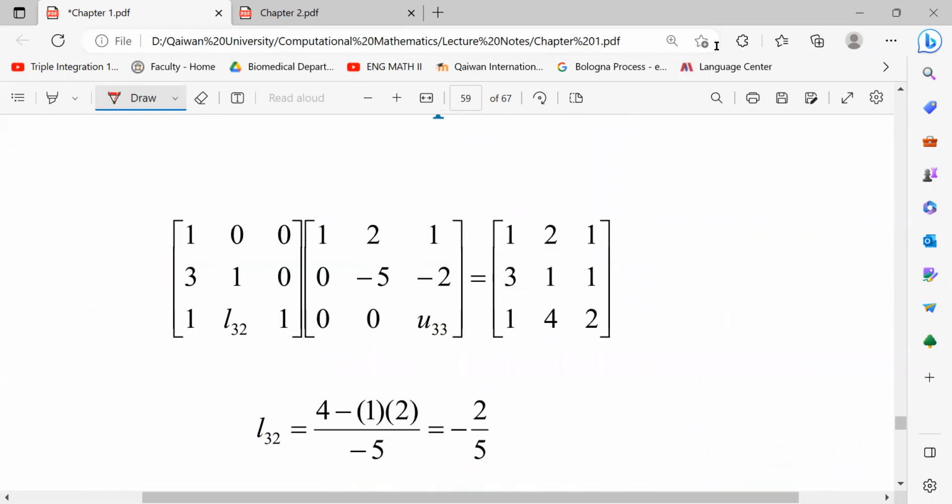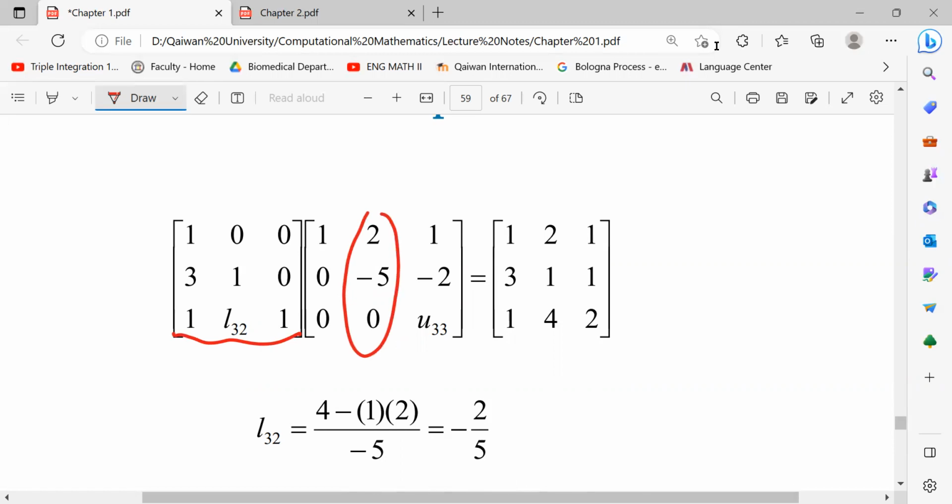And we get this. These are the values of U22 and U23. So what are unknown here? L32 and U33. You can multiply this row by this column.